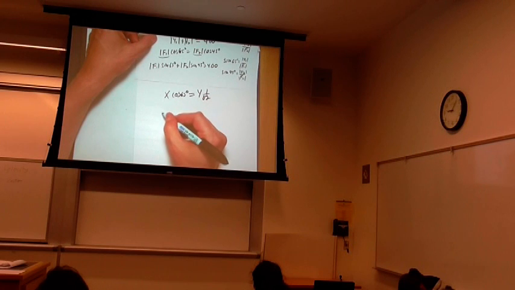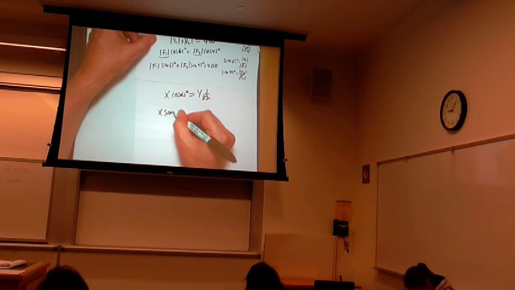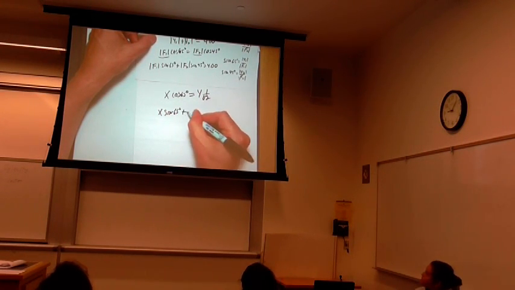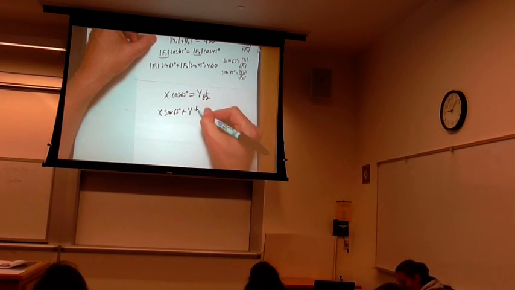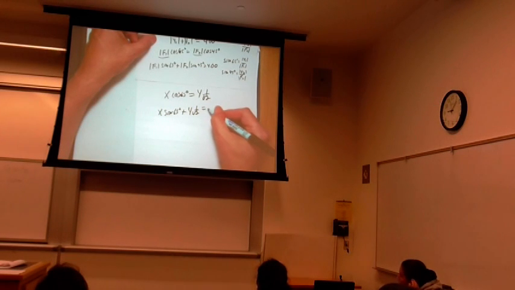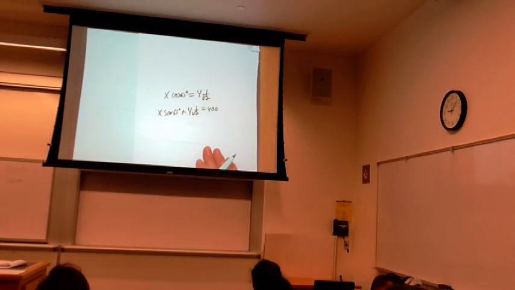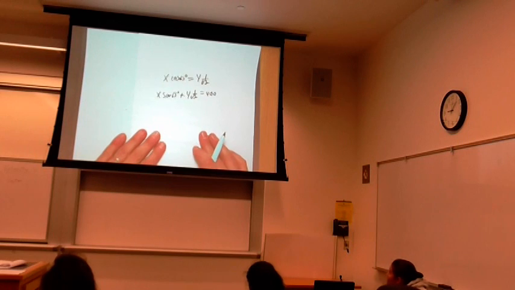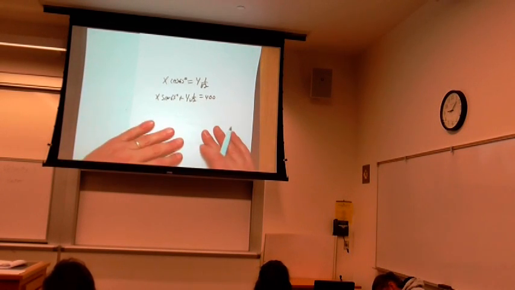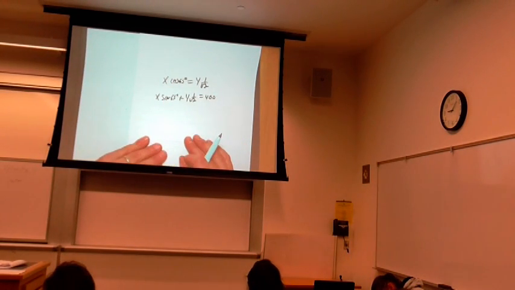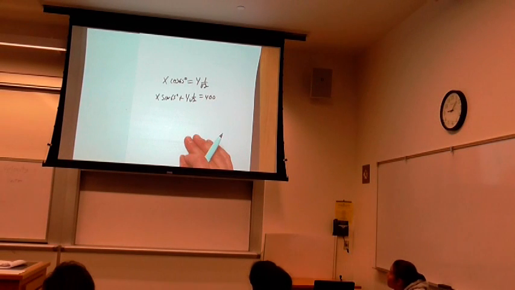And then my other equation is x sine of 65 degrees plus y times sine of 45, which is again 1 over the square root of 2, equals 400. Now that looks like something from your Algebra 1 class, except the numbers are kind of ugly. That's all right. How would we solve this if these were nice numbers? Well, there's two ways: substitution and elimination.